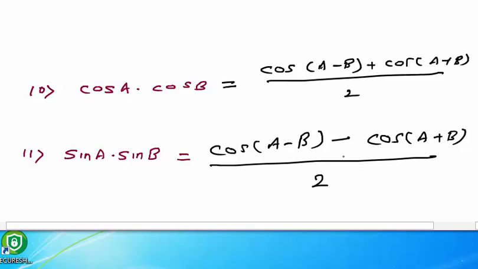Then the formula for cos A plus B plus cos A minus B by 2 you can write, but to make the 10th and 11th formulas almost similar, I have used cos A minus B first. These are all the formulas that we must remember. There are some more formulas that we will see while we are solving the Laplace transform.